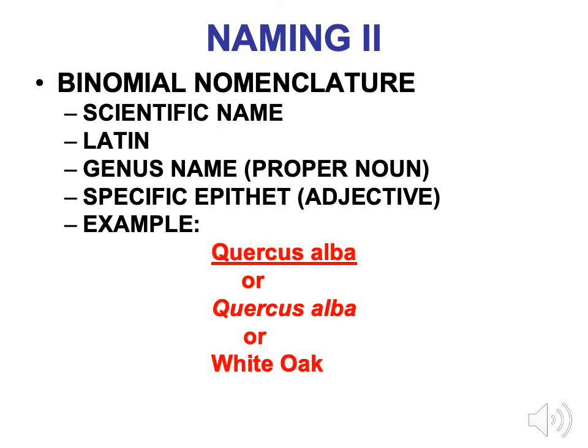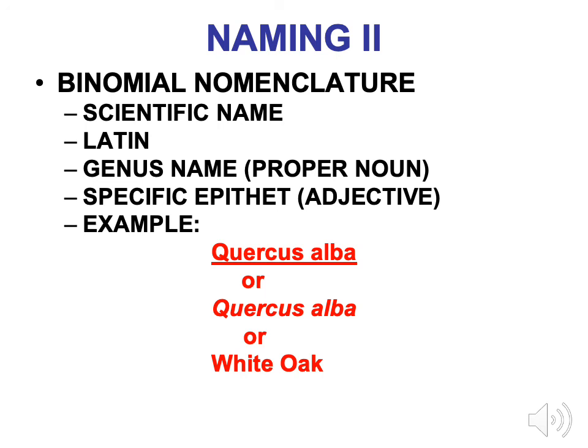Be sure that you know the 2 parts of a binomial name. The first name is the genus name. It takes proper noun as a part of speech. The second name is the specific epithet, and it takes adjective as a part of speech. When the scientific name is written, it is either underlined, as indicated by the first version of Quercus alba there, or more frequently, it is going to be italicized.